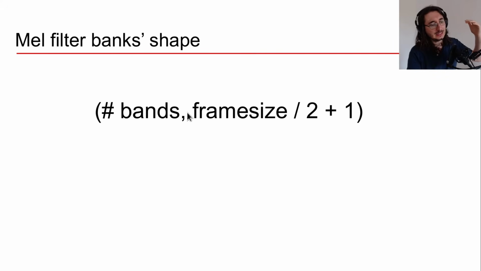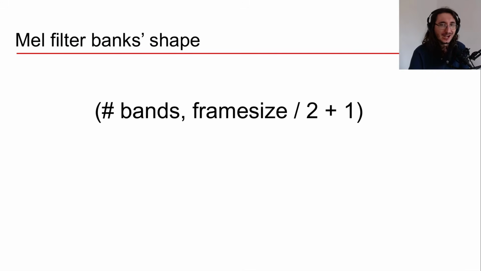And then the number of columns is equal to the Nyquist frequency, or in other words, frame size divided by 2 plus 1. So this is the matrix that we'll be using for representing a Mel filter bank.